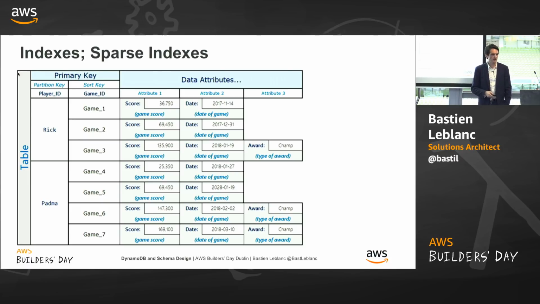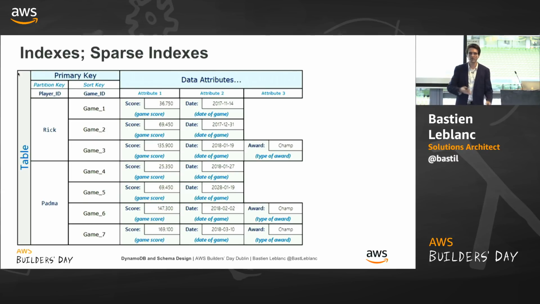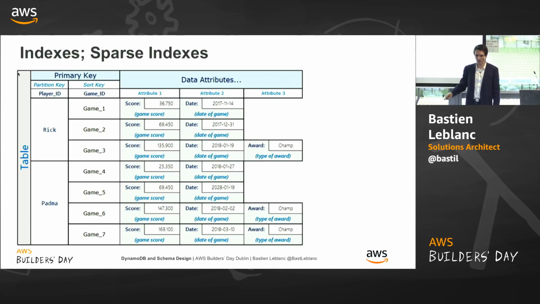Sparse index. Because you want to reduce your read capacity units and have less throughput, let's take this probably quite typical example of gaming, and it can be applicable to something else probably. So you have a table containing all the players and every game they have played with scores, date, and an award.